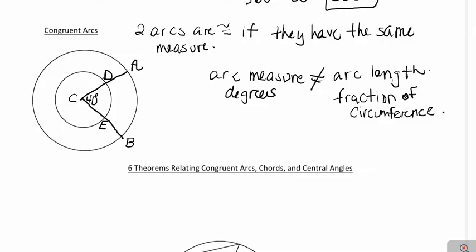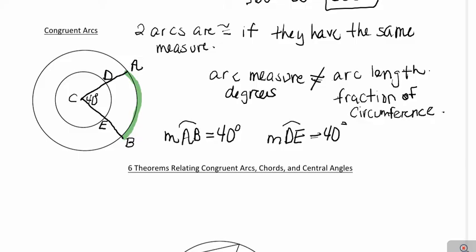Notice that that central angle is a central angle of the small circle and of the larger circle. So therefore, the measure of both minor arcs, so the measure of minor arc AB would be equal to 40 degrees. And the measure of arc DE would also have to be 40 degrees. So I'm going to highlight that one in red.